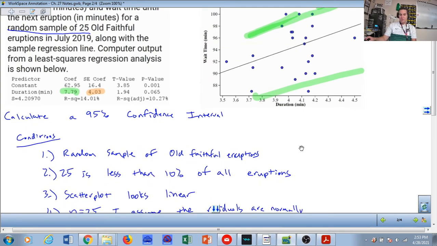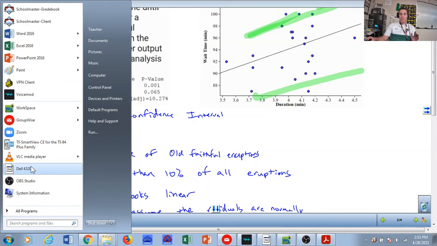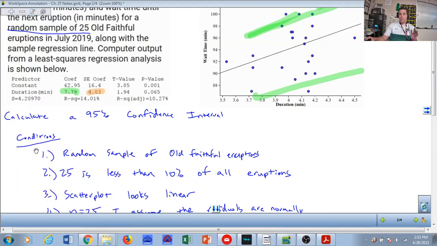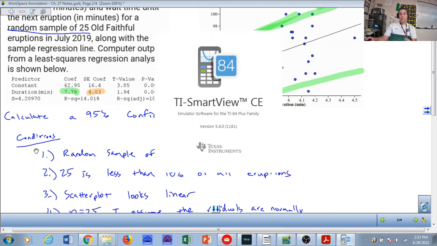And if you look at your calculator, there is no test. There's a linear regression t-test and a linear regression t-interval. So if they do give you the data, which is rare, totally rare. So I don't like to show you this because usually you're never going to use this.